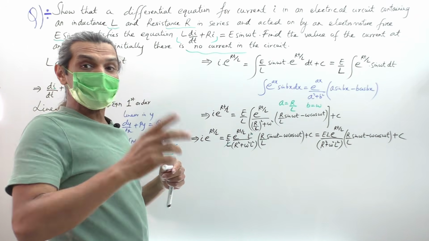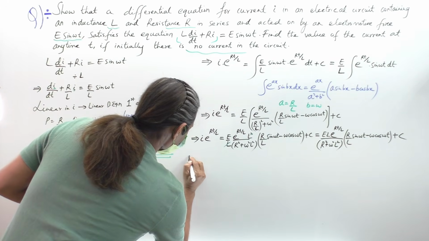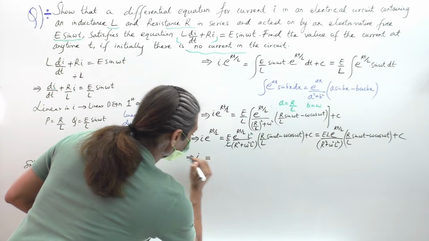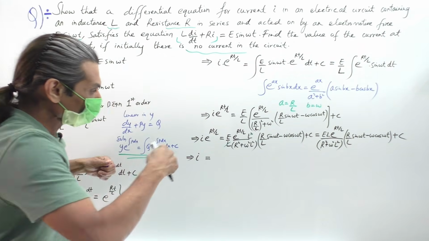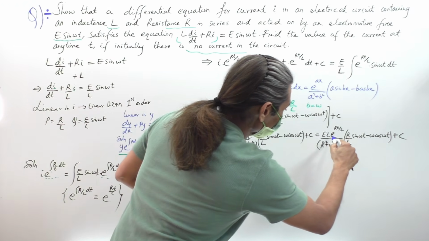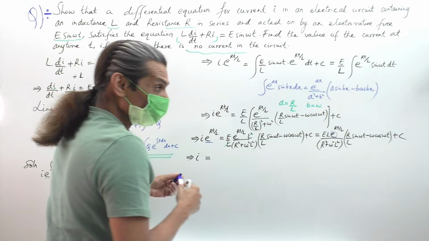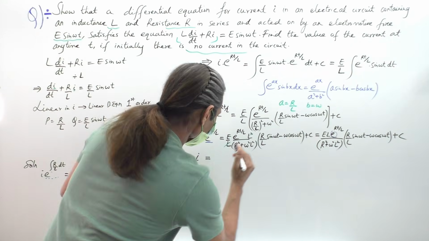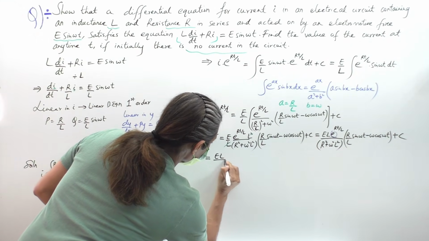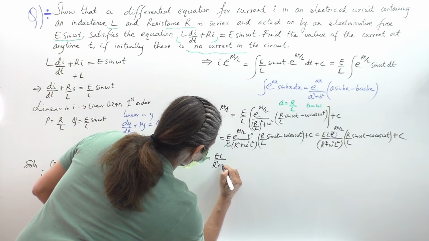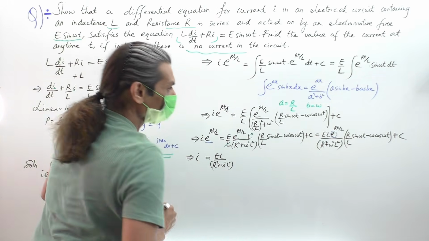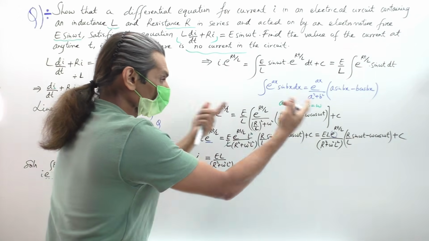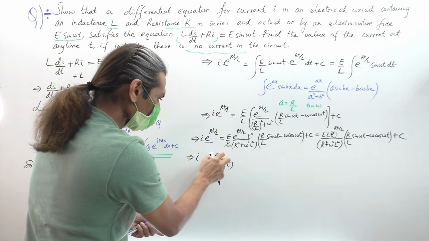When I divide by that, what happens? I is equal to, E L as it is upon r square plus omega square L square, into, okay. Better, I'll take this L inside.